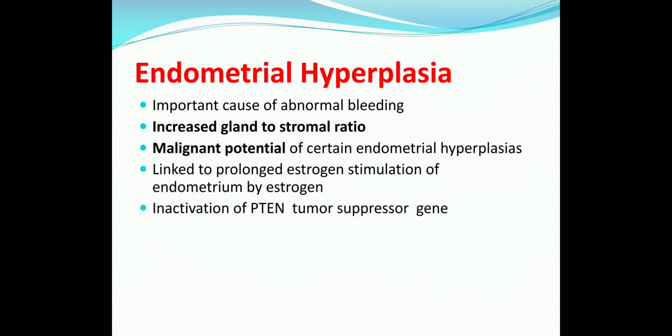Estrogen is the culprit of endometrial hyperplasia, and any factor which leads to increased estrogen production or estrogen stimulation of the endometrium will lead to hyperplasia of the endometrium. Also, there is inactivation of the PTEN tumor suppressor gene, which is another etiological factor.